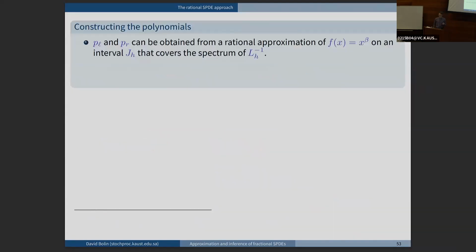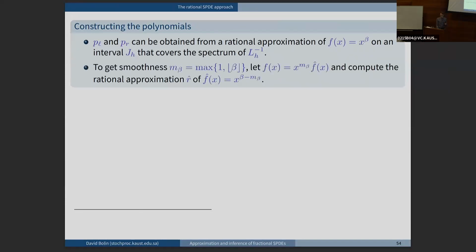So you do this on some interval that covers the spectrum of the inverse of the differential operator. Since we assume that the domain is compact, the spectrum is in a bounded interval. So you can do this rational approximation on some bounded interval of that function just to get the coefficients.